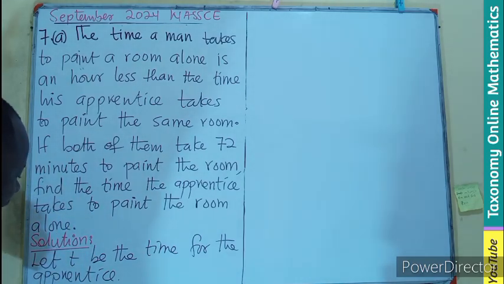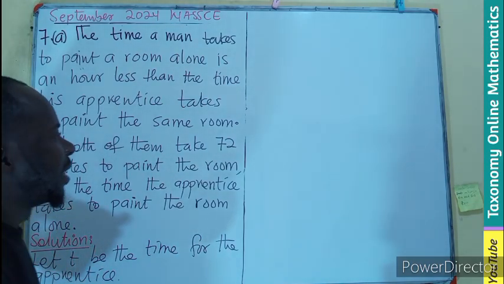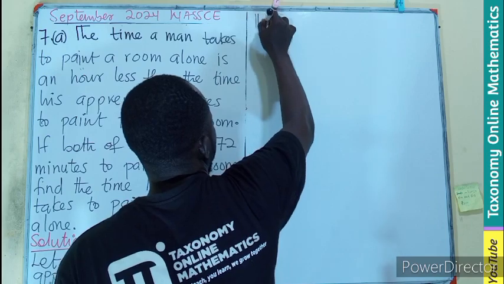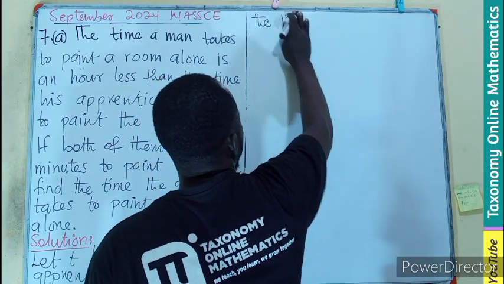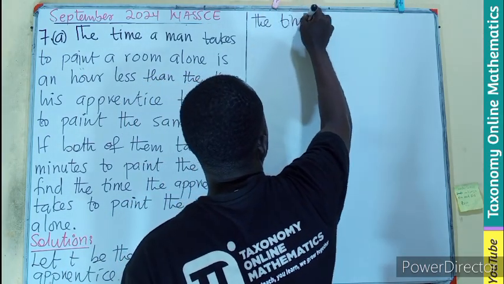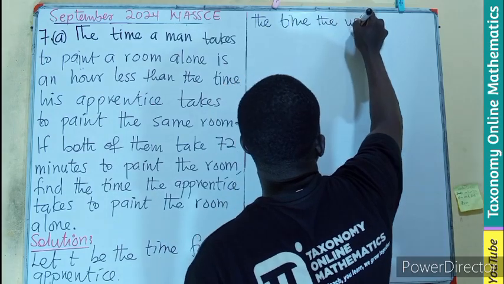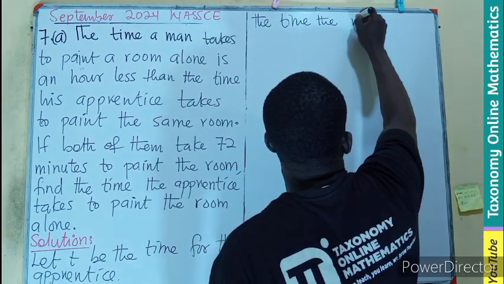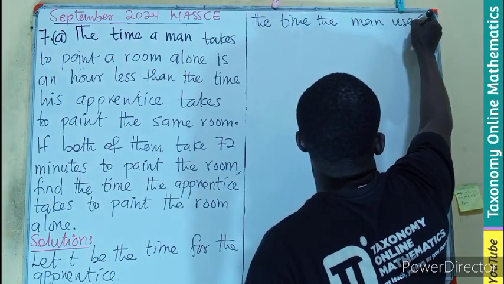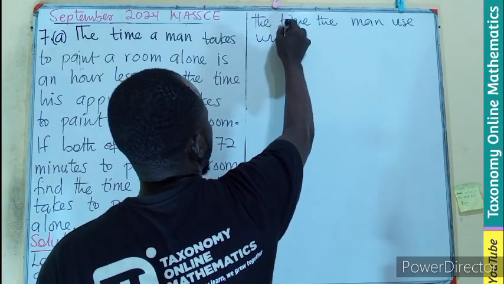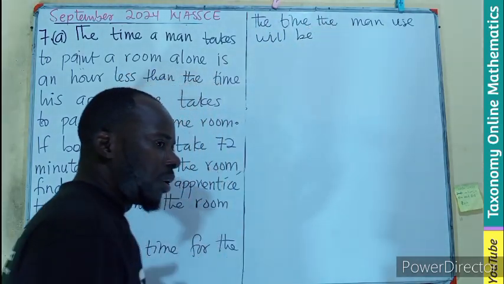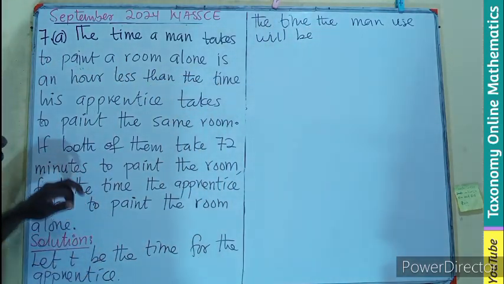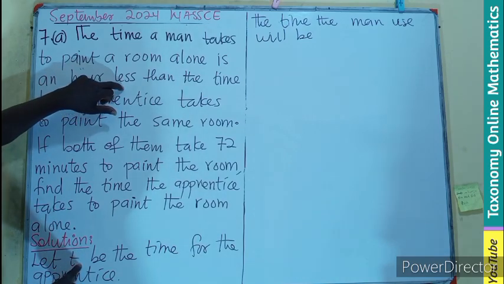So if T is the time for the apprentice, then the time the man used will be 1 hour less than the time the apprentice is using.